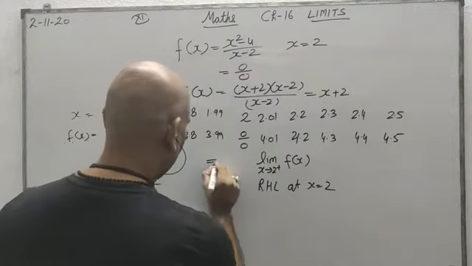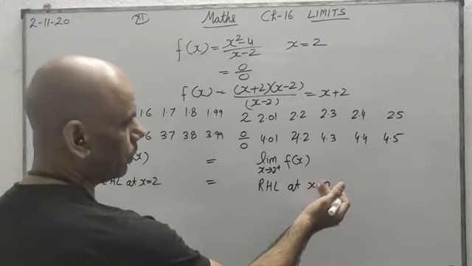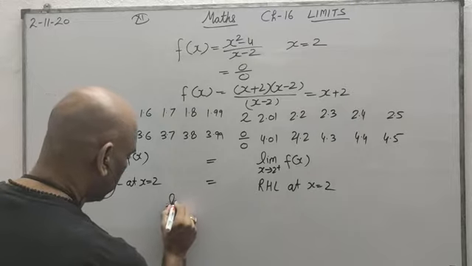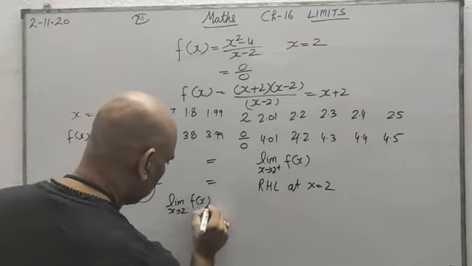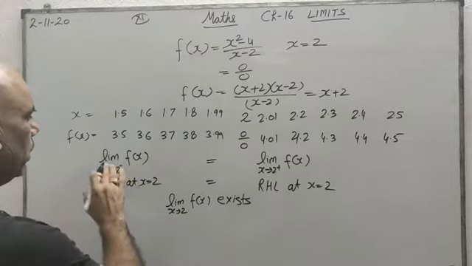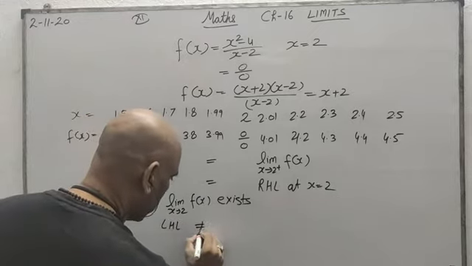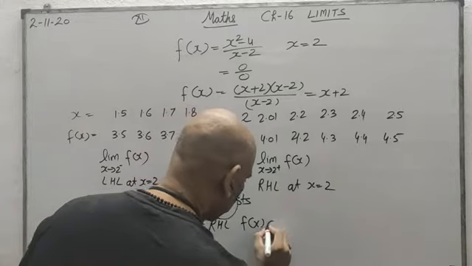When left hand limit is equal to right hand limit, at that time we will say that limit x tends to 2 f(x) exists. And if LHL is not equal to RHL, then we will say the limit does not exist.